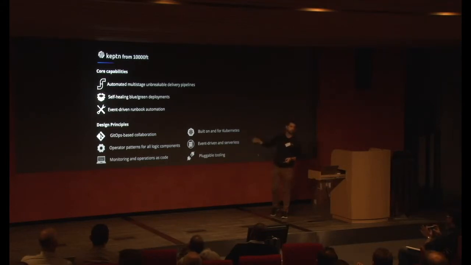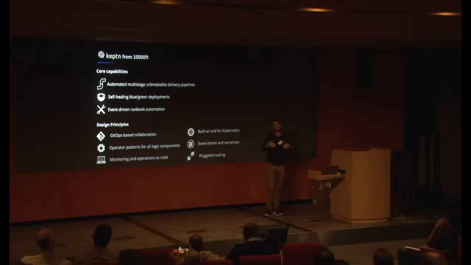And these are some of our core capabilities. Everything is built on Kubernetes, so that's kind of a disclaimer. Kubernetes, OpenShift, everything which is a Kubernetes-based platform. Captain is built for Kubernetes. Captain has the core capability of providing multi-staged pipelines, and we also call them unbreakable delivery pipelines, because with Captain we already create quality gates for you in your services, so that Captain can push your applications or your services from one stage to the other, like from development to staging to pre-production to production, by passing certain quality gates.